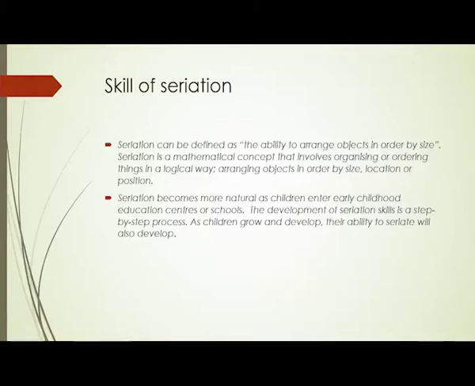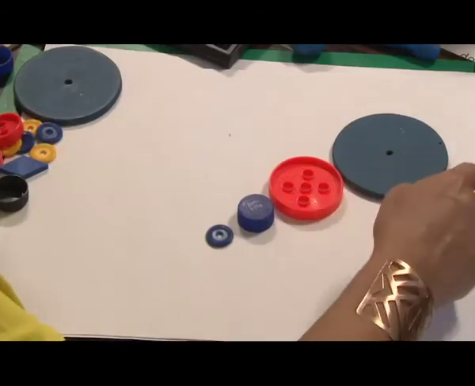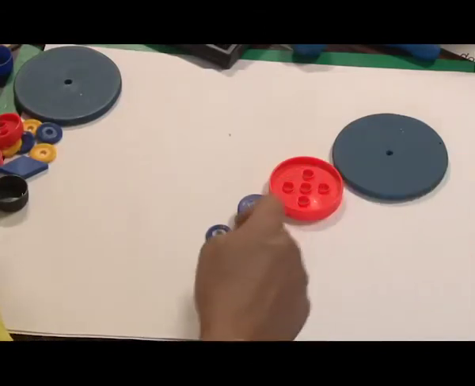Seriation is a mathematical concept that involves organizing or ordering things in a logical way. Arranging objects in order by size, location or position. Position, this one is first, this one is last. When it's from the biggest to smallest, first, last.